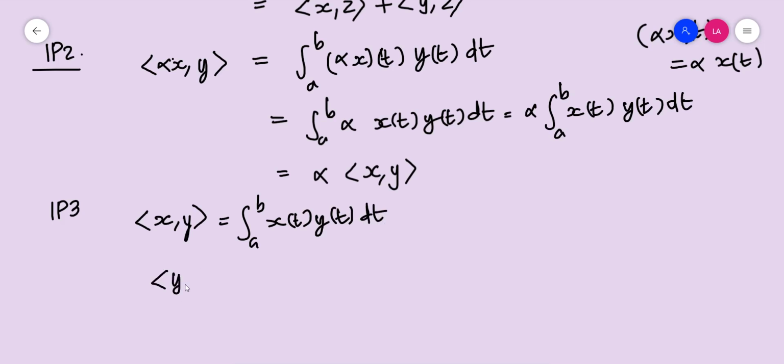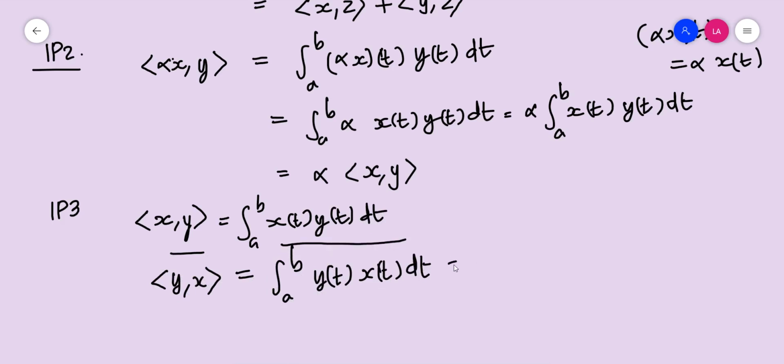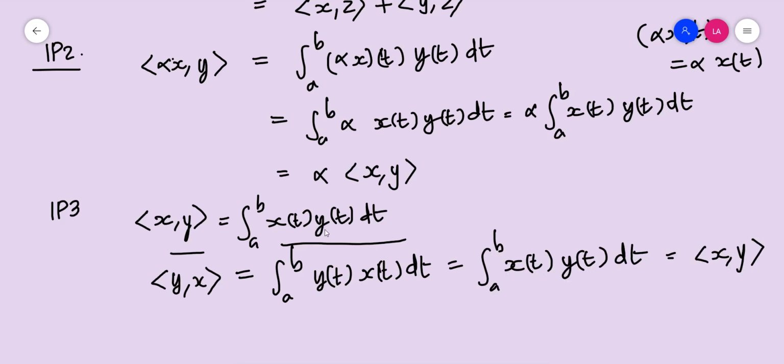So inner product yx conjugate is actually integral a to b y of t times x of t dt, the whole conjugate, which is actually integral a to b x of t times y of t dt, which is inner product xy. Okay. So this is the third property.